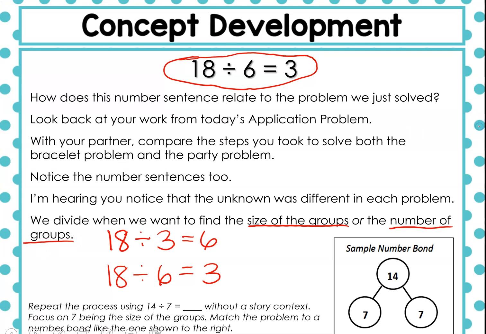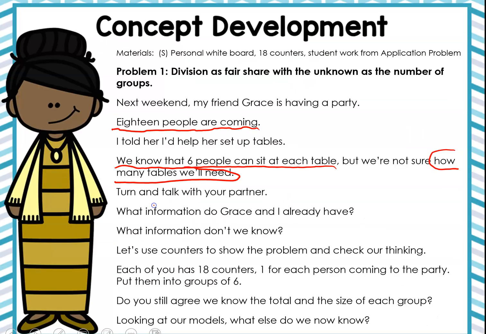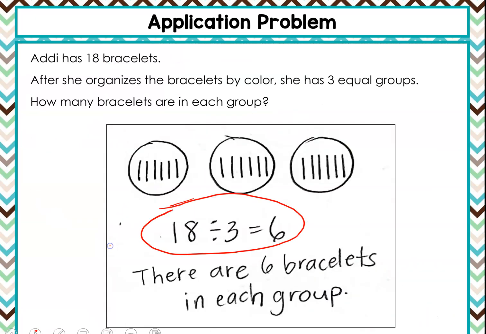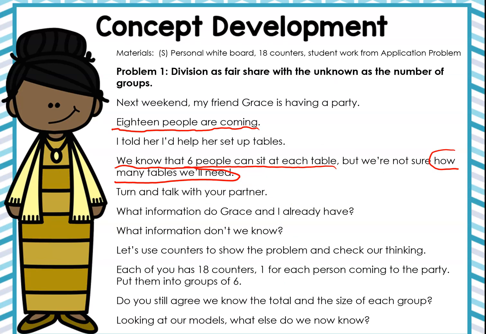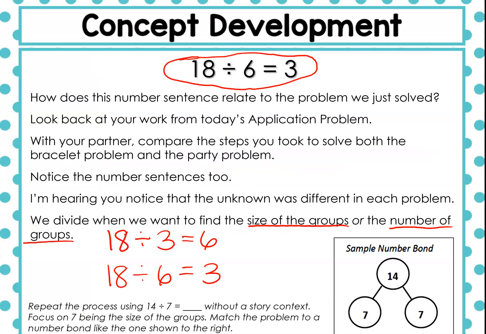In our bracelet problem, we were trying to find how many were in each group, which was 6. But in the party problem, we were trying to figure out how many groups or tables that we needed, which was 3. So it just depends on which one you're solving for, the size of the groups or the number of groups. And that will tell you which number is going to be your answer.